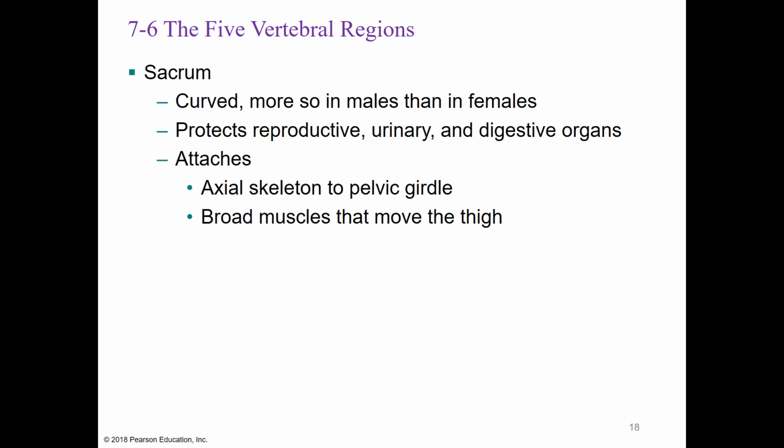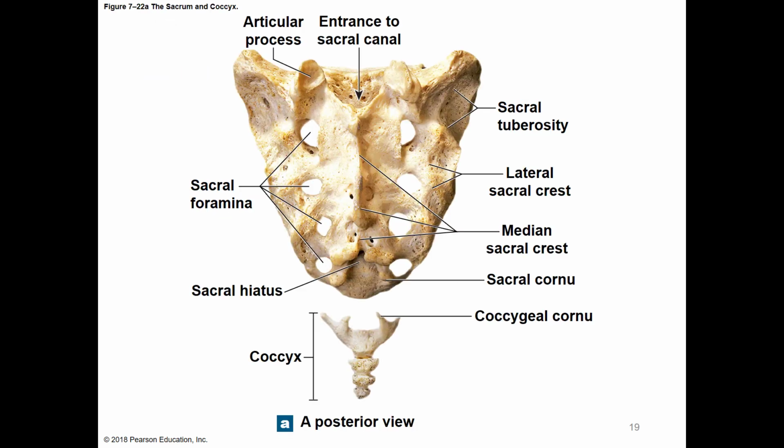So we'll talk about that a little bit more in the appendicular chapter. But it's going to attach us to the rest of the pelvis and also allow broad muscles to attach that help to move our thigh. So here is the sacrum. This is from the back or posterior view. And you can see underneath it, this is the coccyx or tailbone.